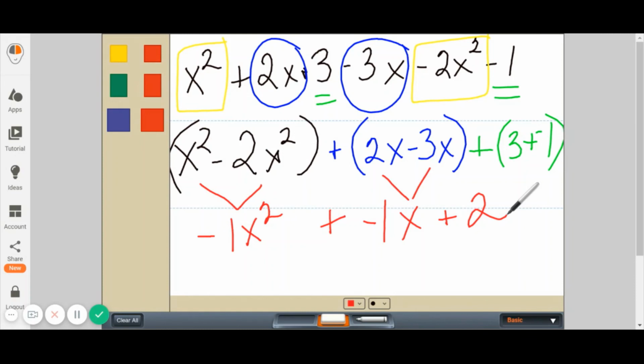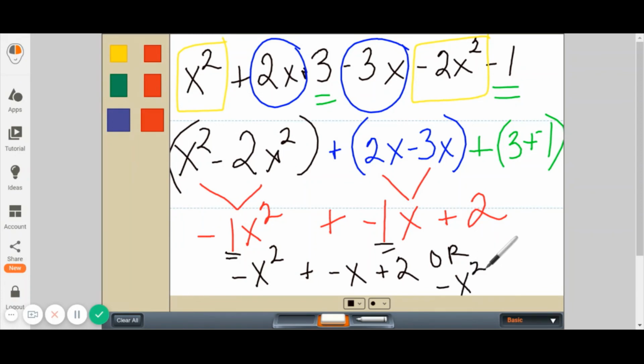So here's one way I can write my simplified expression. And to make it even simpler, anytime I have a coefficient of 1, we can drop that coefficient because 1 of anything would just be that thing. So I have negative x squared plus negative x plus 2, or I can write it as negative x squared minus x plus 2.